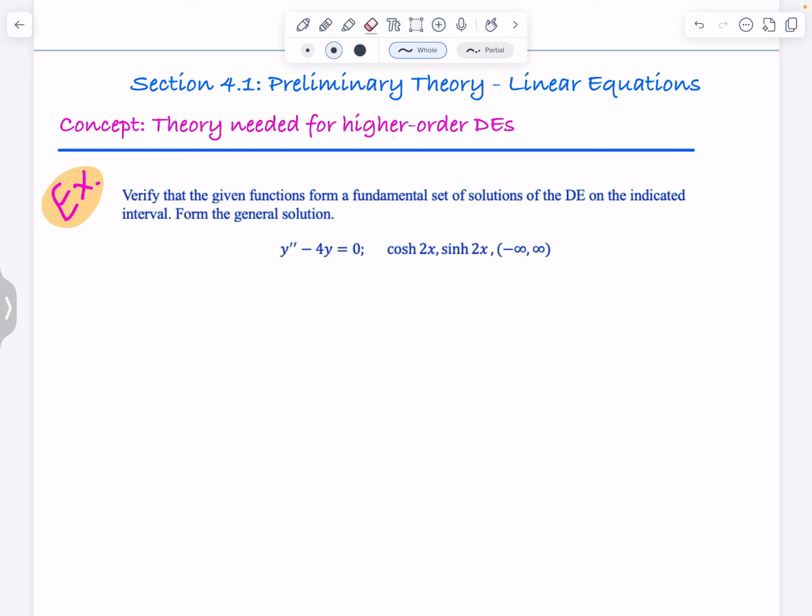All right, it says verify the given functions form a fundamental set of solutions of the DE.